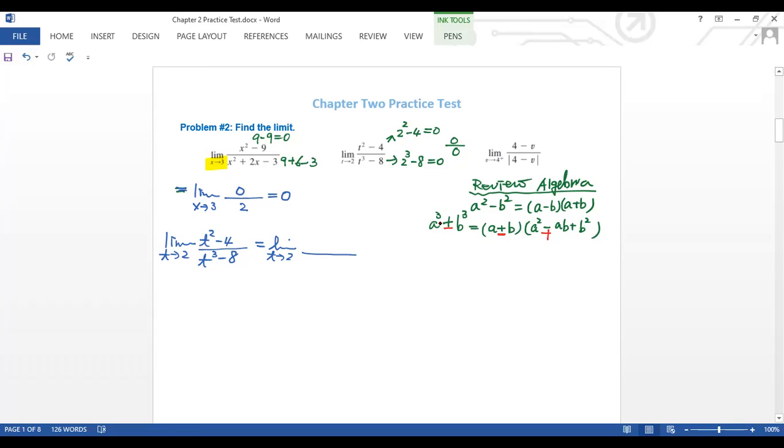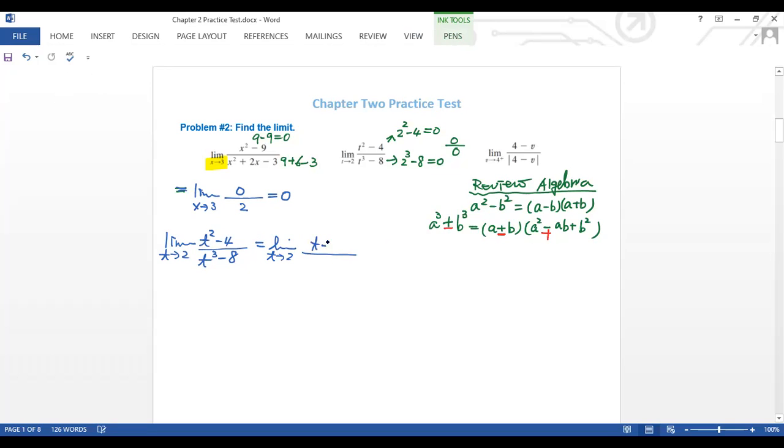That means if you have a cubed minus b cubed, then your factor will be a minus b times a squared plus ab plus b squared. All right, so be careful about the notation here. Now I can change a to t and b to 2.